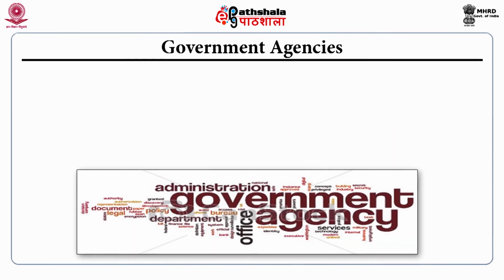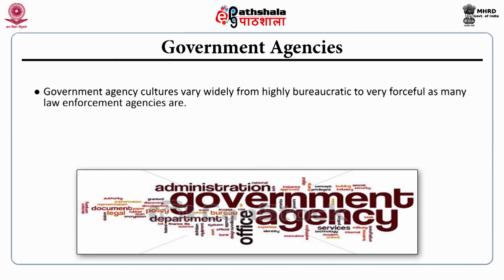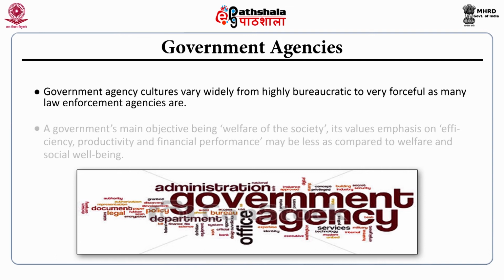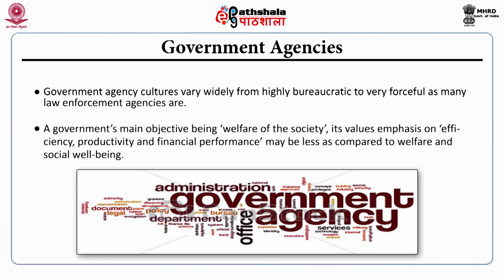Government agencies. Government agency culture varies widely from highly bureaucratic to very forceful as many law enforcement agencies are. The government's main objective being welfare of the society, its value emphasis on efficiency, productivity and financial performance may be less as compared to the welfare and social well-being.